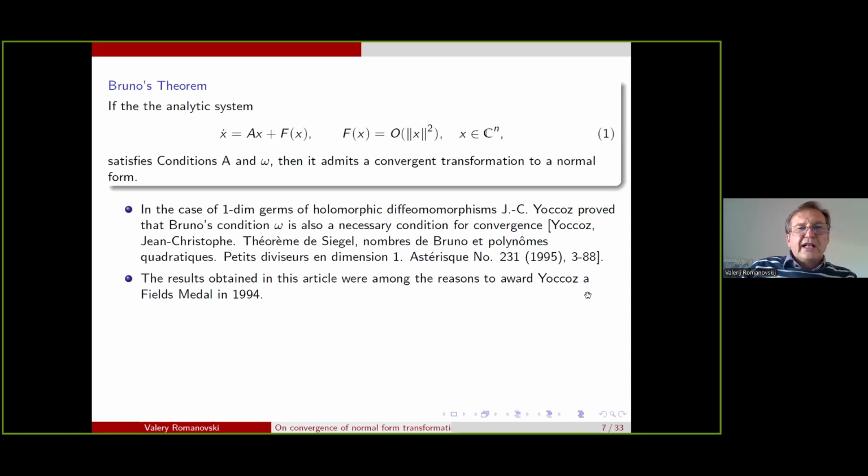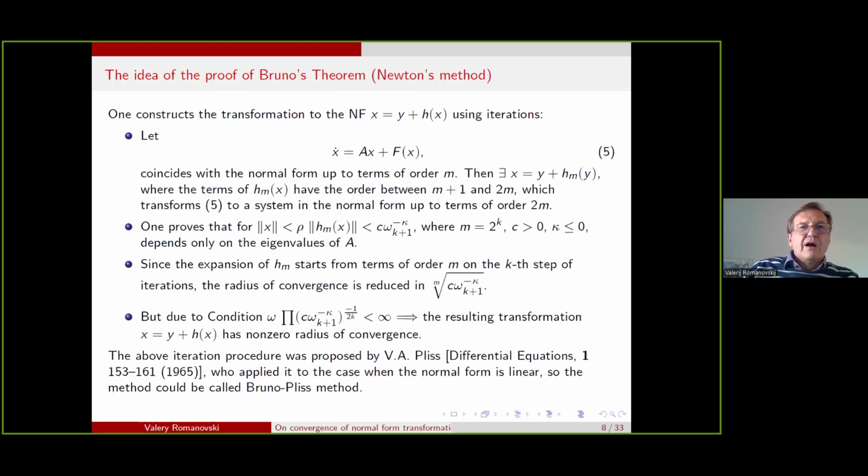And the results obtained in this article were among the reasons for awarding Yoccoz the Fields Medal in 1994. But as I said, this is the simplest case of Bruno's. In my opinion, the results obtained by Bruno about convergence are much more important than this result. Okay, and I would like to try to explain the main idea of the proof of Bruno's theorem.